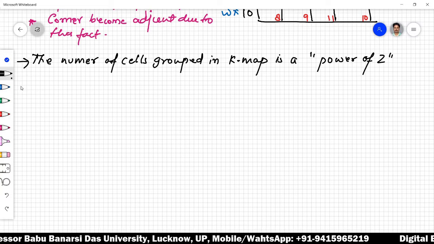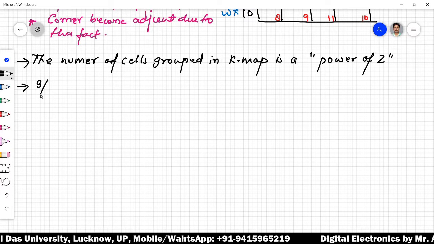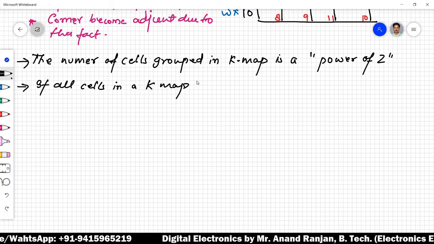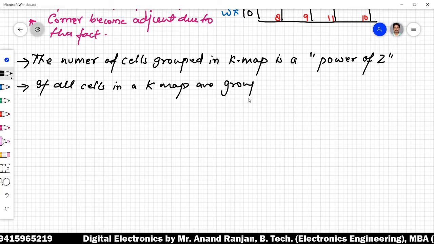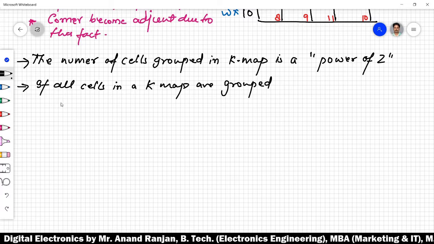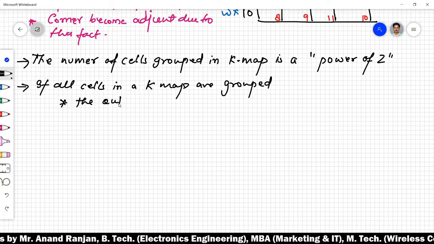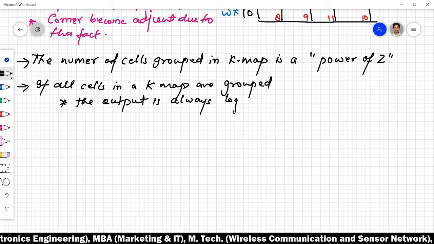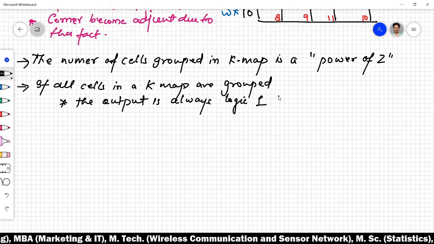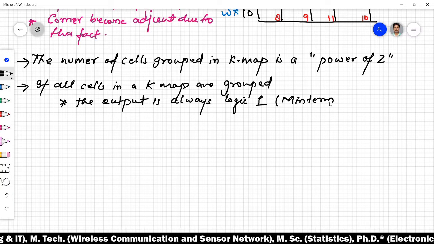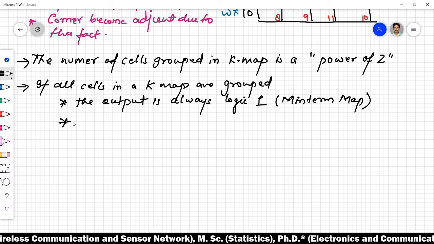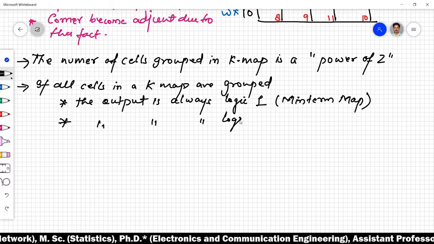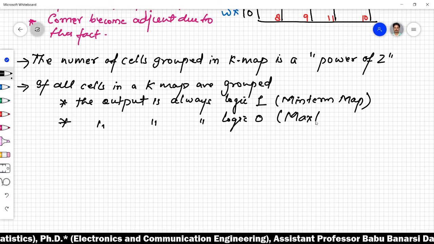Now let me check another point, and this says: if all cells in a K-map are grouped, then the output is always logic 1 in the min-term map and logic 0 in the max-term map.